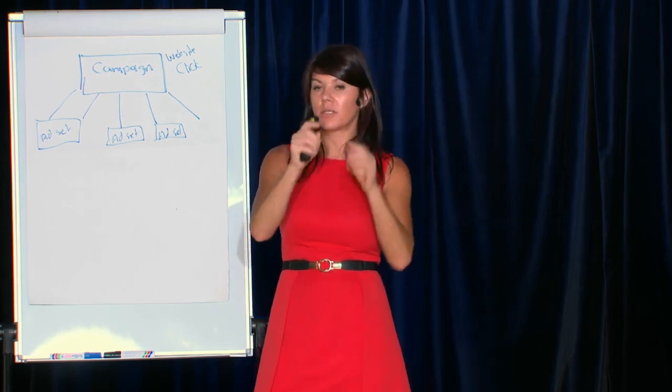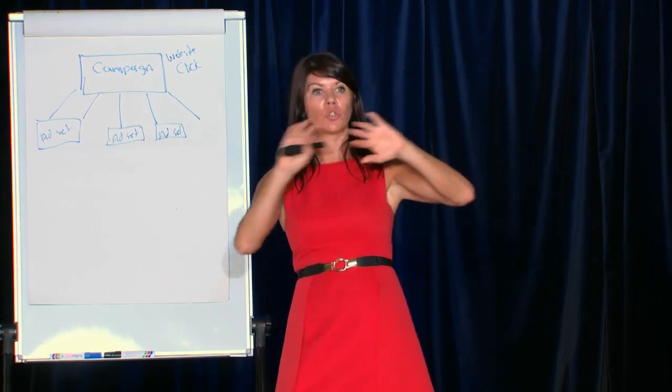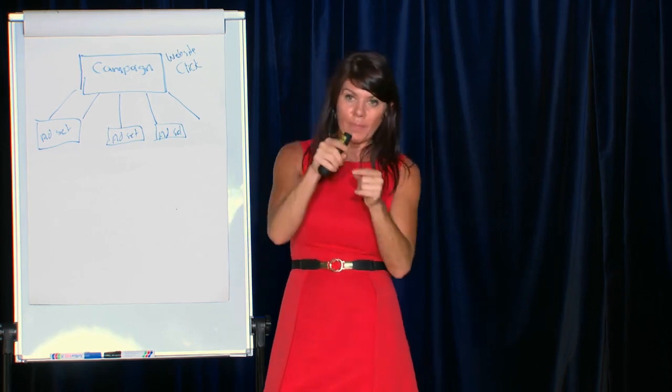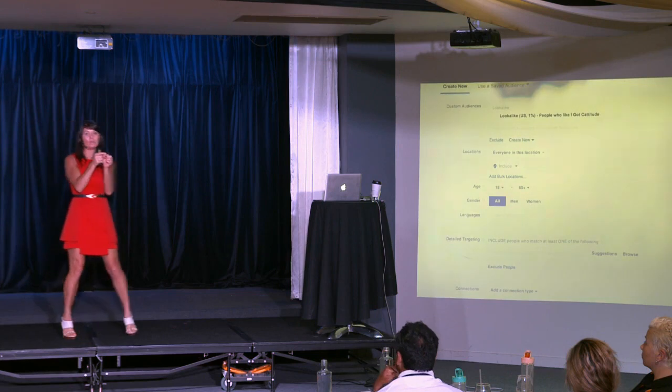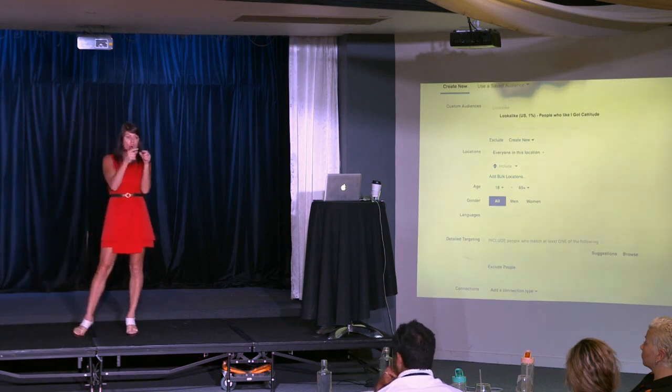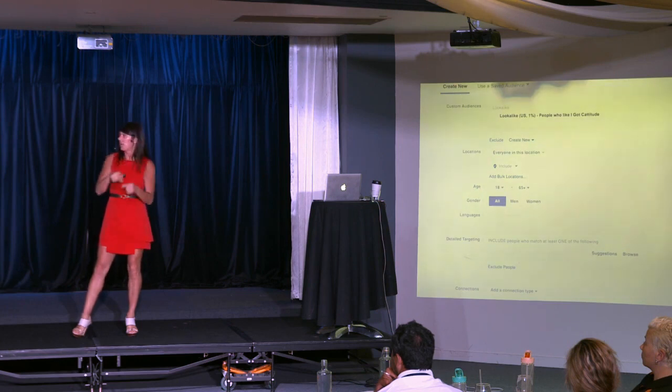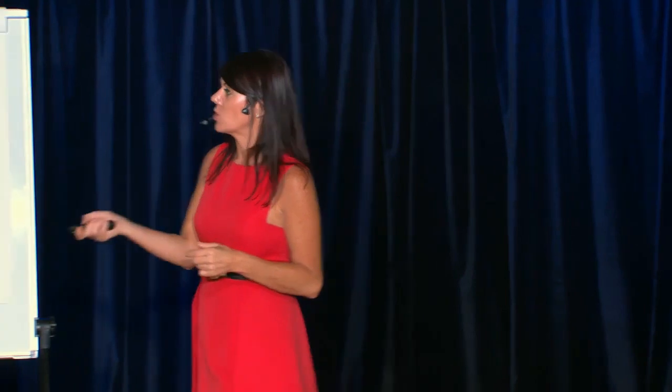So I usually expand the little map out till I can drop the pin on a location, and then you can go right down to 1 mile out from that location. So if you've got a really, really local location, then you might want to target 1 or 2 miles out from that location. And that's in locations.